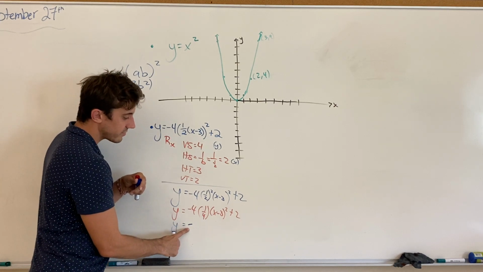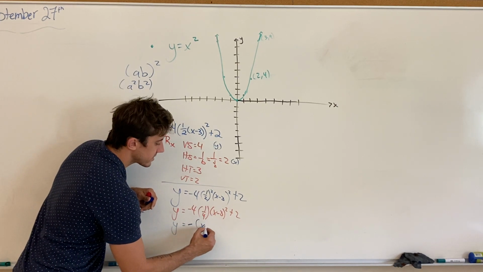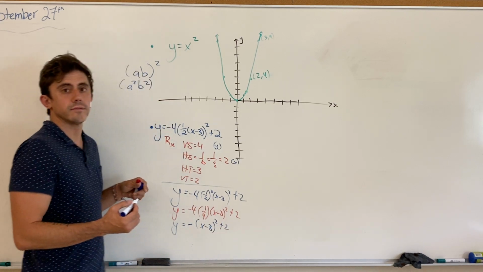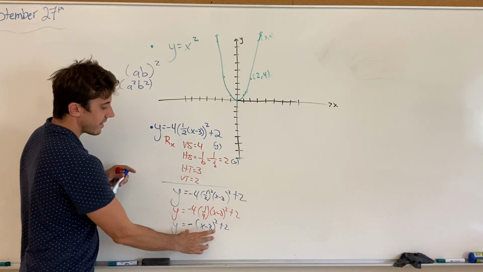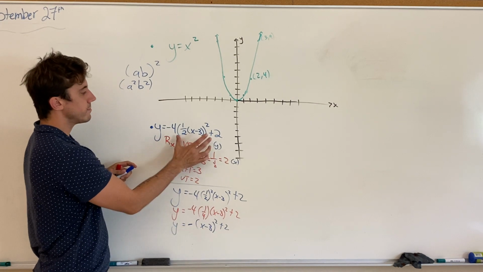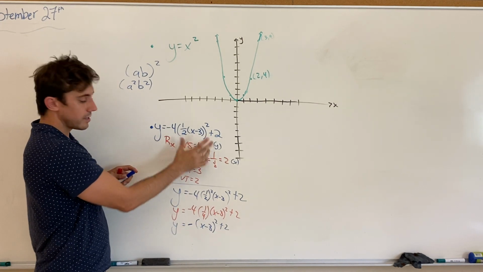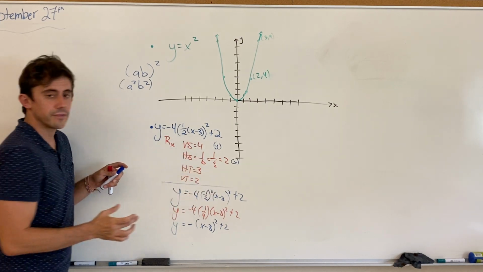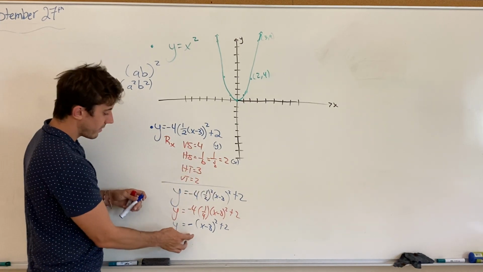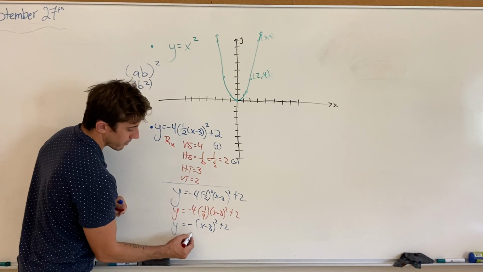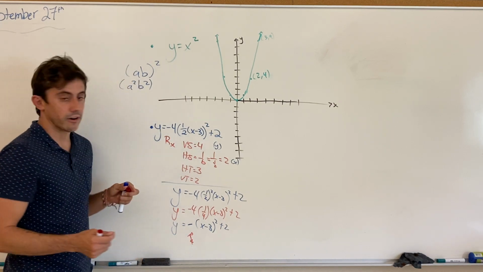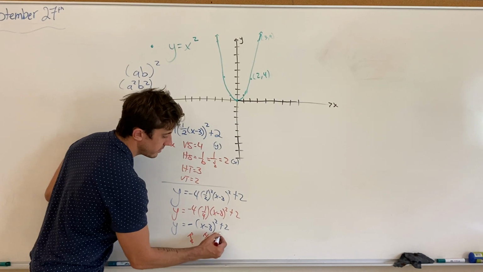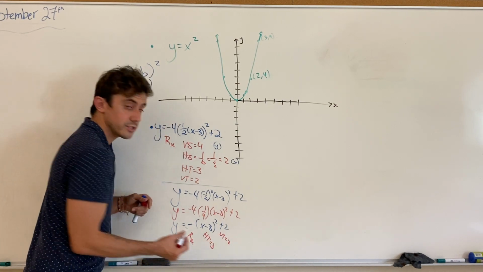And so all we have left is negative (x minus 3) squared plus 2. This is the exact same function as we see up here, but this is so cleaned up that we've actually gotten rid of the stretches altogether. All we have left is the negative up front, which symbolizes an x reflection, and we have a horizontal translation of 3, and finally a vertical translation of 2.